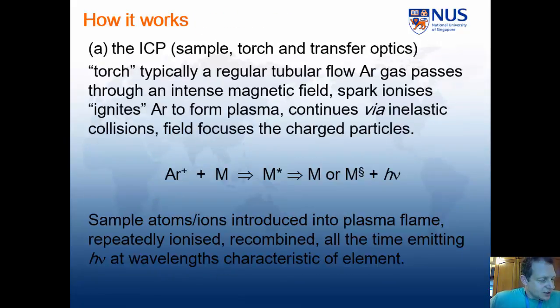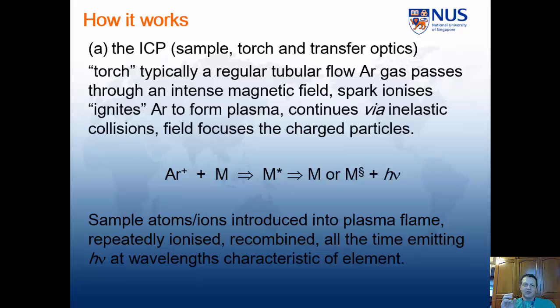Okay, so let's look in detail then at the first part of the ICP, the sample, the torch, and the transfer optics. Now, the torch, so-called, is typically a set of concentric quartz tubes usually, and through these tubes you have a flow of argon gas.